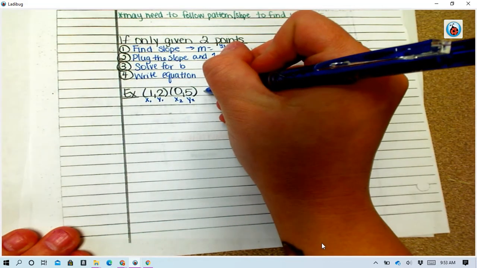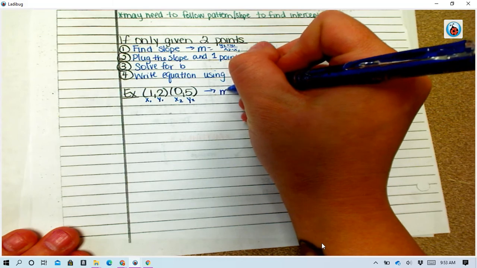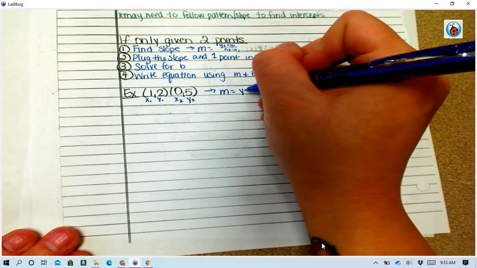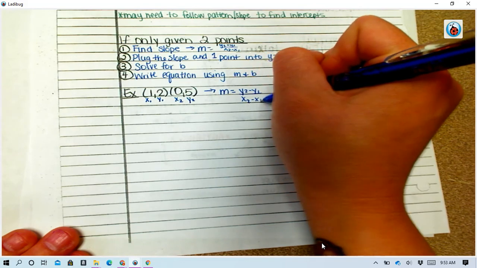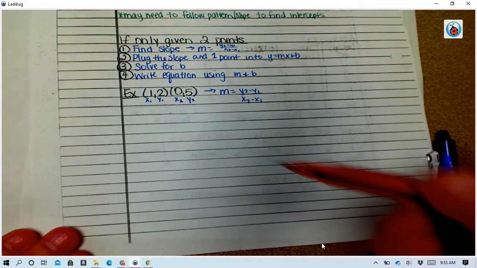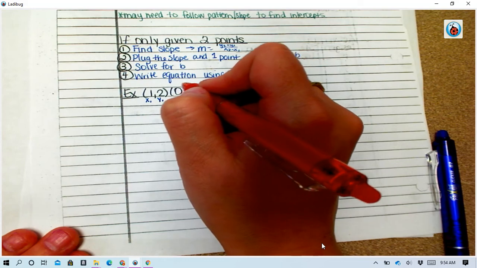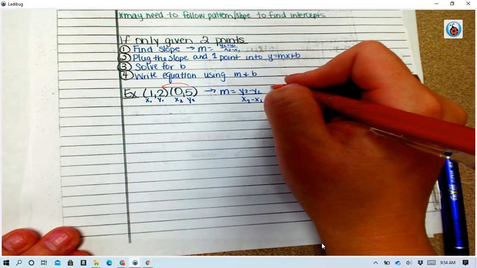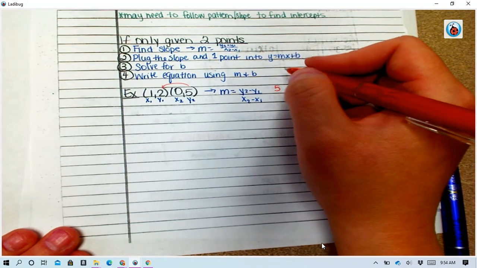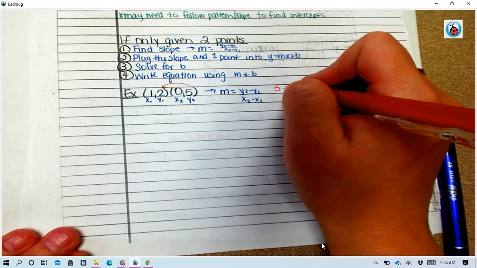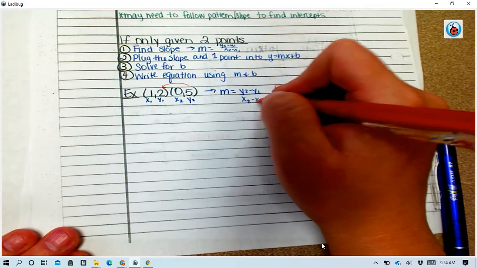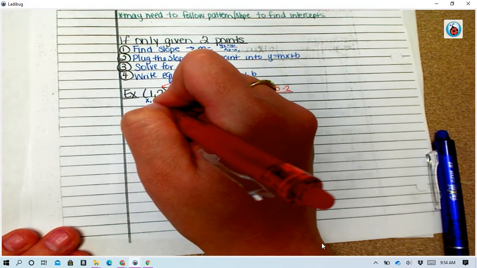So over here, I'm going to work slope first. So slope is y2 minus y1 over x2 minus x1. Where do you get those numbers from? You take your second y minus your first y on top. So 5 minus 2. x2 minus x1 is 0 minus 1 on bottom.